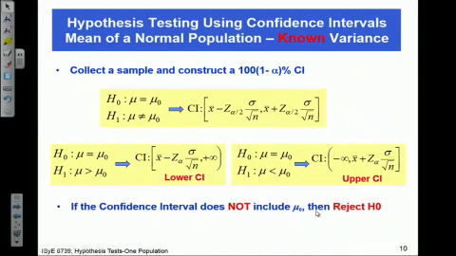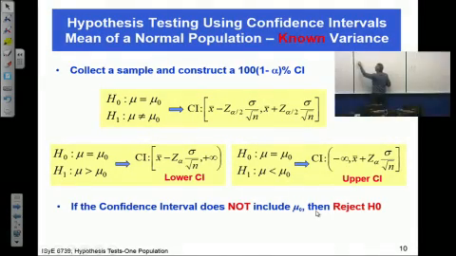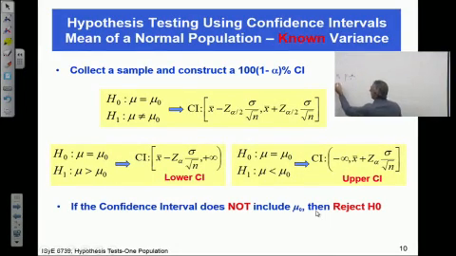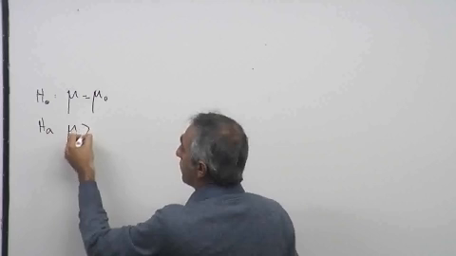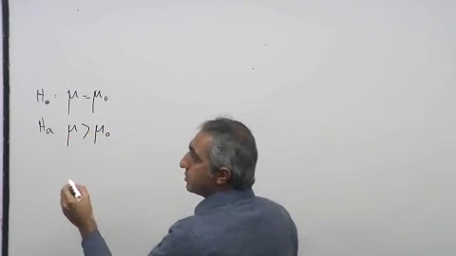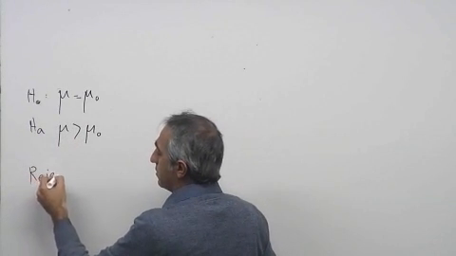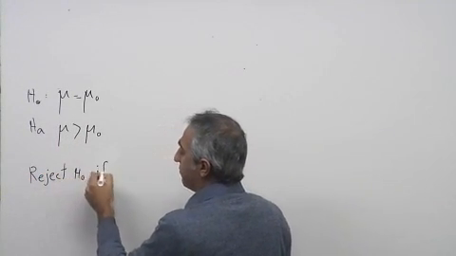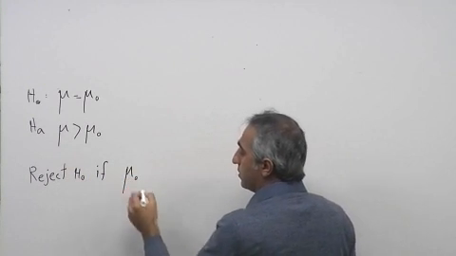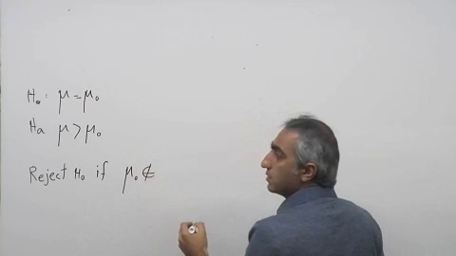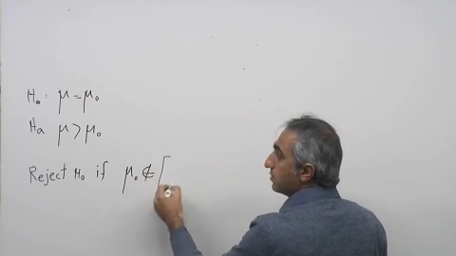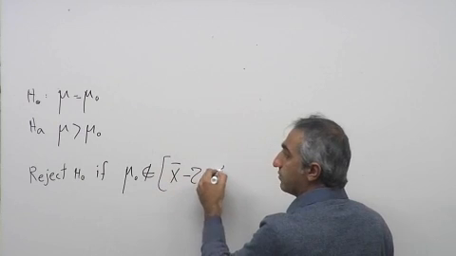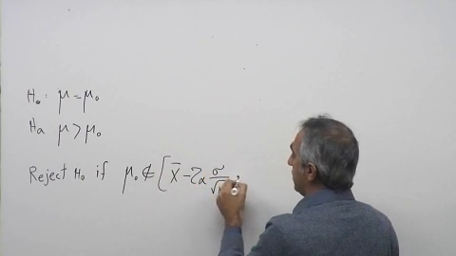Let me just use one of them. Let's use this guy to show that these two methods are actually the same thing. So we reject H null if your mu0 does not belong to this interval, which is X bar minus Z alpha and infinity.